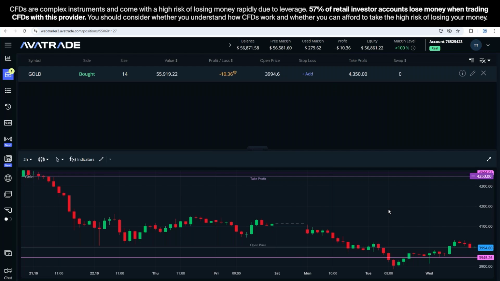But if it spikes $150 an ounce, which it could spike both ways that much, even this evening, then I could gain $4,000 or $5,000 and even close early. I don't need to wait for the take profit and the potential 5,000 profit that it was showing. I could take 2,500 profit.